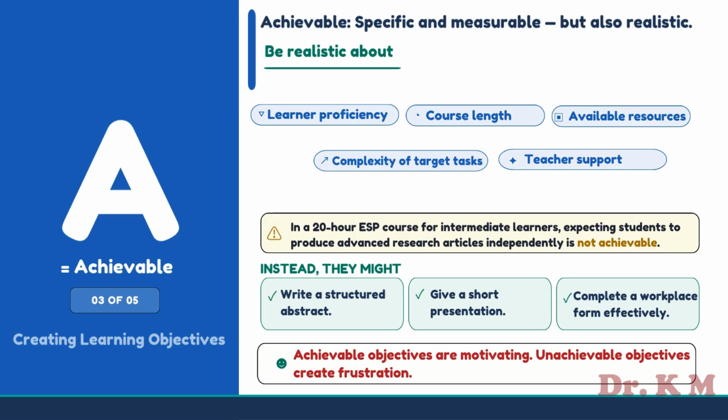Instead, the objective should match the reality of the course. Perhaps they can write a structured abstract, give a short presentation, or complete a workplace form effectively. Achievable objectives are motivating. Unachievable objectives create frustration.